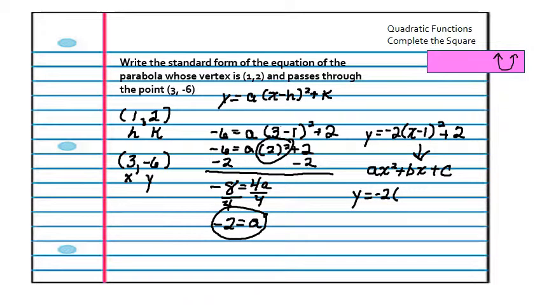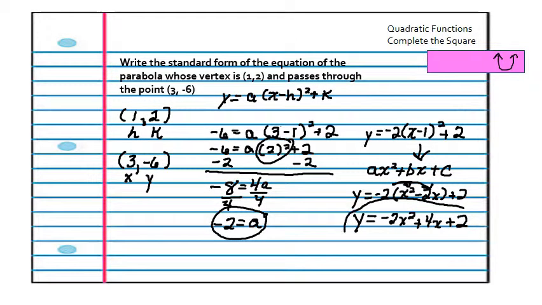We have to take the binomial squared, so it'd be x minus 1 times x minus 1, or the 5-second way, x squared, twice the middle, so negative 1x plus negative 1x is a negative 2x, and then the 1 squared, and we just distribute this out, and we end up with y equals negative 2x squared plus 4x plus 2.